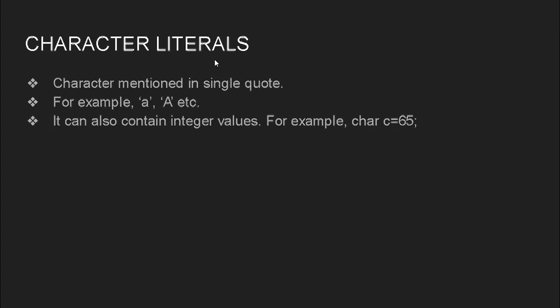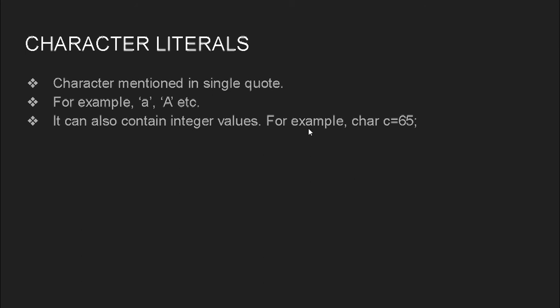Now if I talk about character literals, I think I already mentioned this a couple of tutorials ago. A valid character literal is always written in single quotes. Here you can see A is in single quotes. This is a lowercase a, this is an uppercase A, and all of them are in single quotes. I also mentioned that character literals can contain integer values as well.